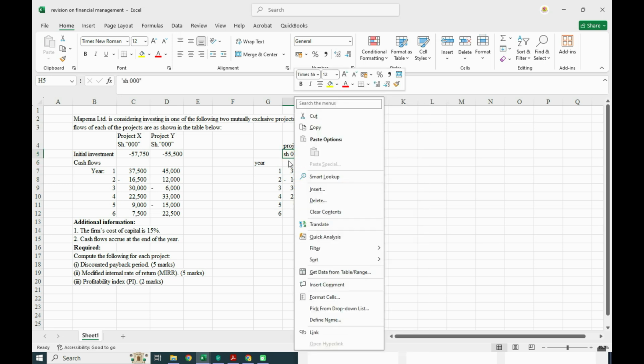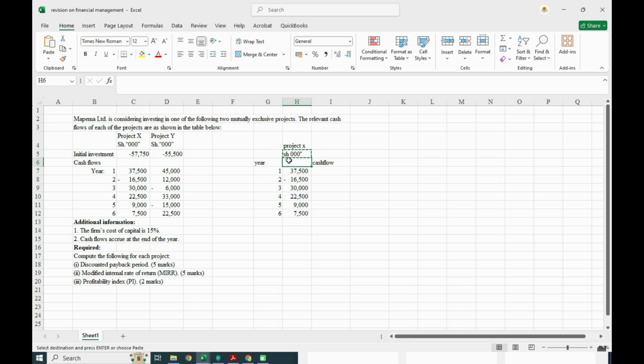Shillings in thousand is supposed to be here, and the cash flow is supposed to be the header. Then here, still shillings in thousand, we shall have the present value.